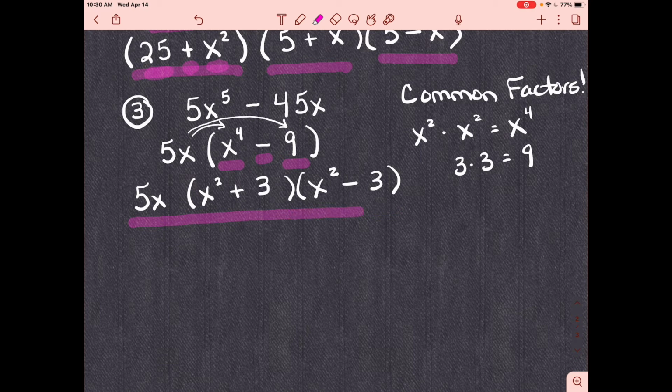All right, now I have a situation where I can maybe factor by grouping. I have 4 things, so I want to look at it like this, and watch out for this negative x. It's kind of funny there.